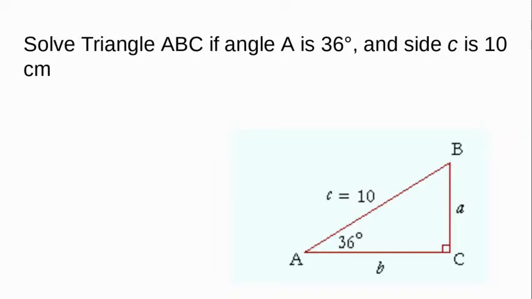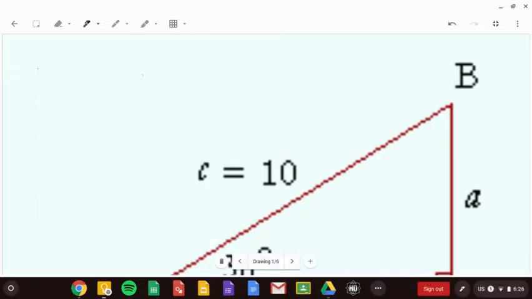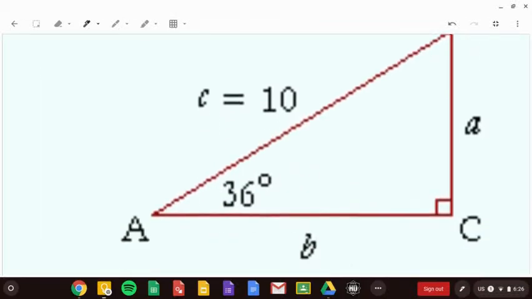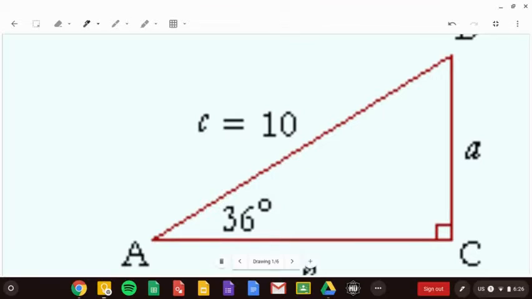Alright, so here's our first problem. Solve triangle ABC if angle A is 36 degrees and side C is 10 centimeters. You can go any direction with this. First, you can solve the missing angle right here.